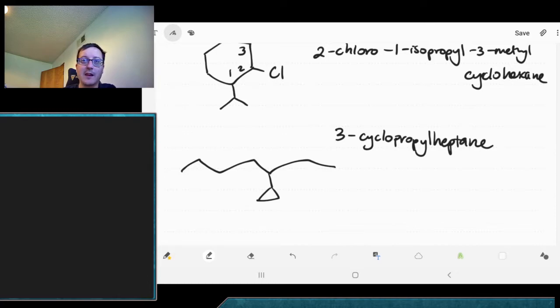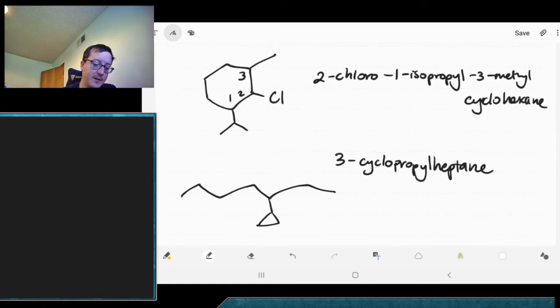We would have to say 1-(1-ethylpentyl)cyclopropane, which is a pain. Nobody wants that. So sometimes it's easier to name your ring as the parent, sometimes easier to name your chain as your parent, but really it's the same thing when it comes to cyclic alkanes.